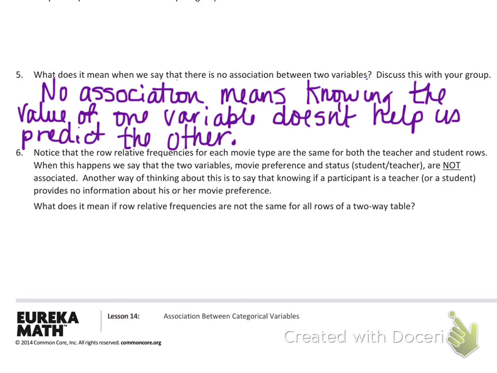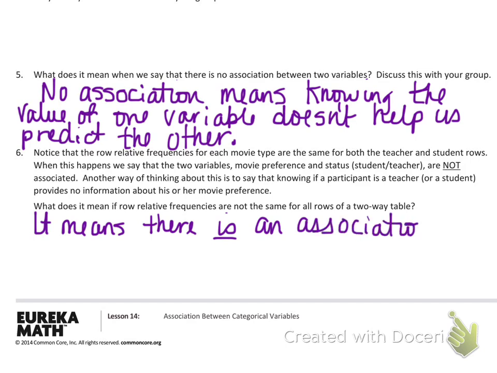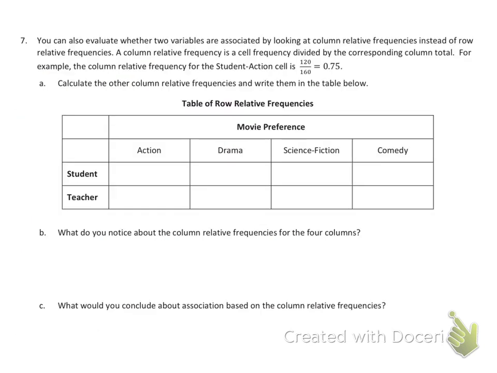Okay, so we're going to see an example of that in a minute, and what it can mean is that there is an association between the variables. Okay, so let's continue on.